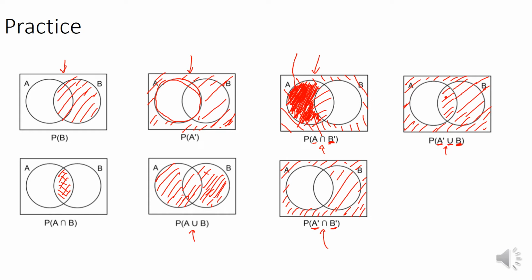So not B is anything that is not B. Okay, so we can see that this section and this section, they're only single shaded. So our answer is anything of this outside section, which is the double shaded bit. So we've got our double shaded section around the outside. So the probability of not A intersection not B is the dark shaded bit on the outside. So it's doing it one step at a time and looking for the double shaded section.